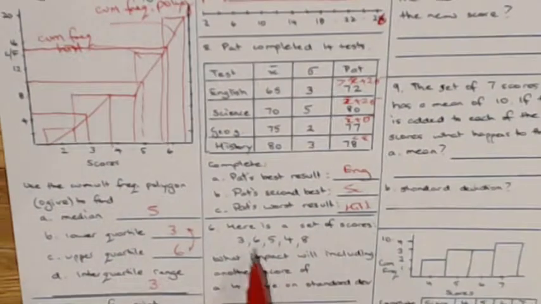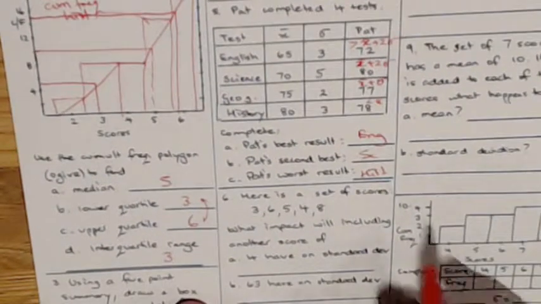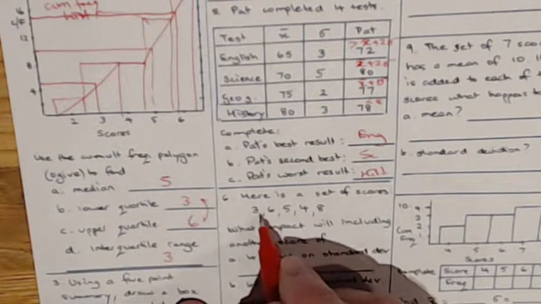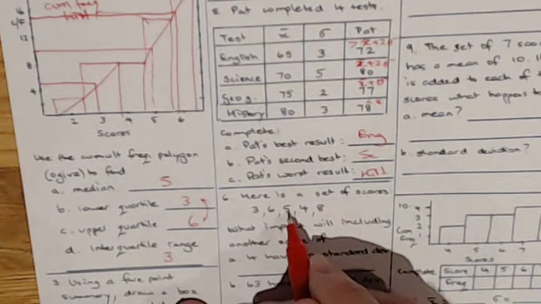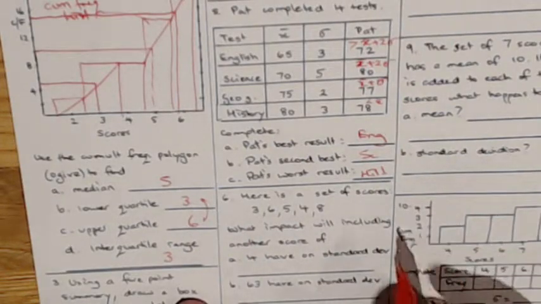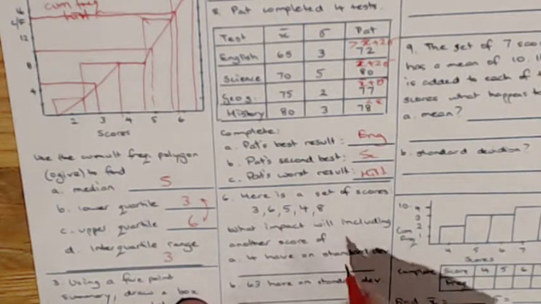Here is a set of scores: 3, 6, 5, 4, 8. What impact will including another score of 4 have on the standard deviation? If we look at what we have here, we have 3, 4, 5, 6, and 8. So the 4 is nearly in the middle of what we already have here.